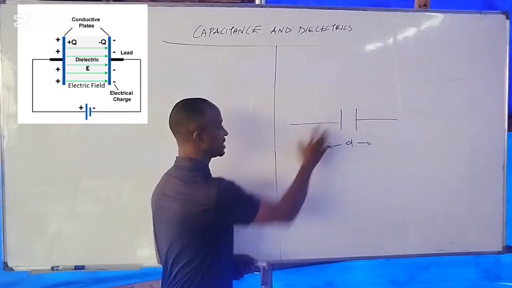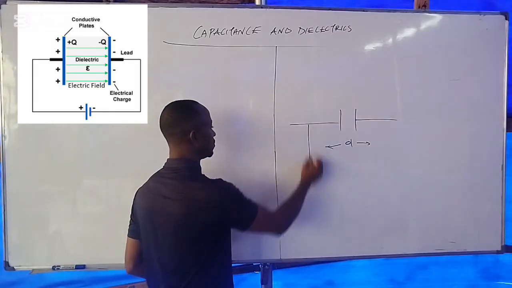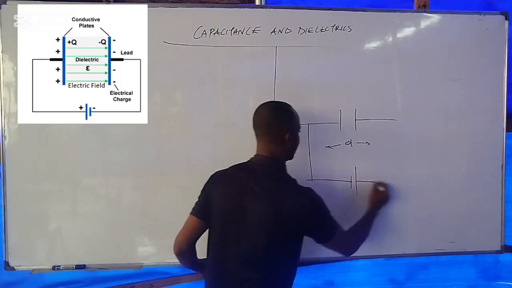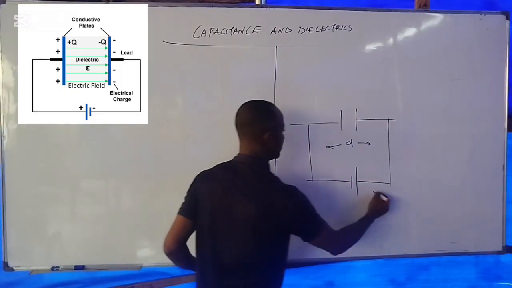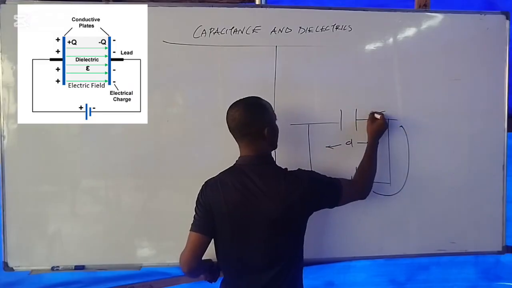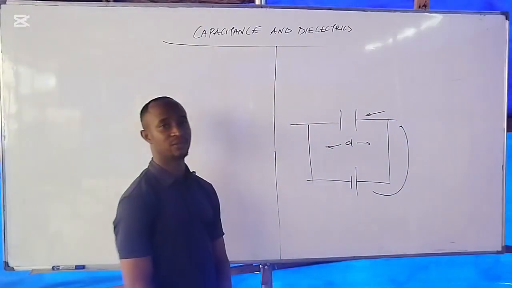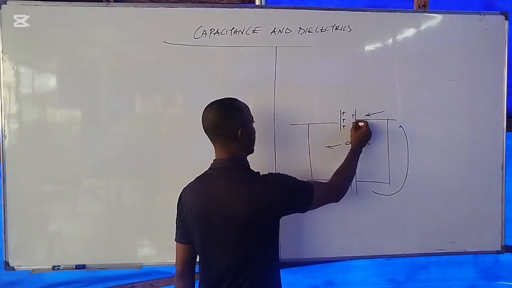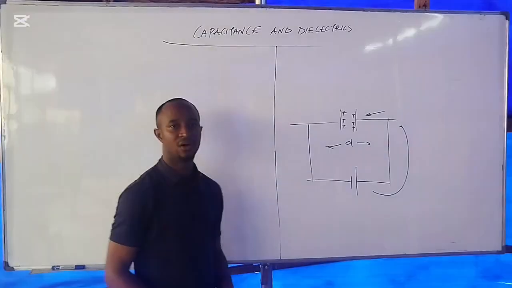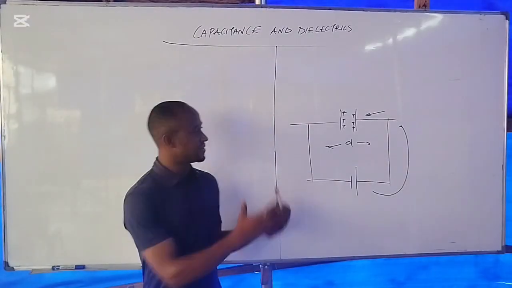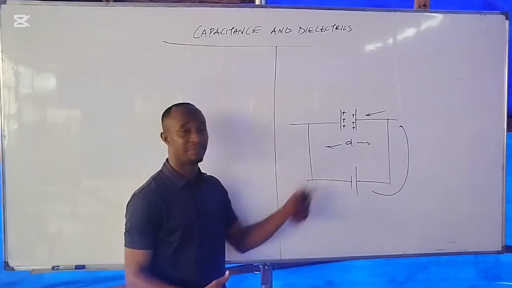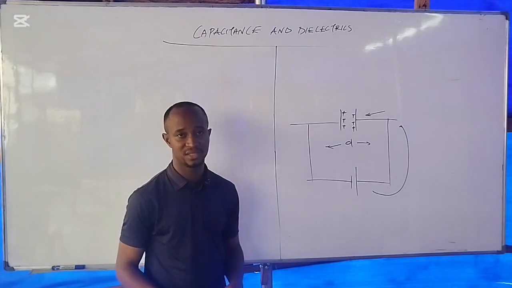So for me to charge this capacitor, I have to introduce a cell, a battery. Once a battery is introduced, there will be a transfer of energy which will be used to charge the capacitor. So there will be some charge distribution along the plates of the capacitor.